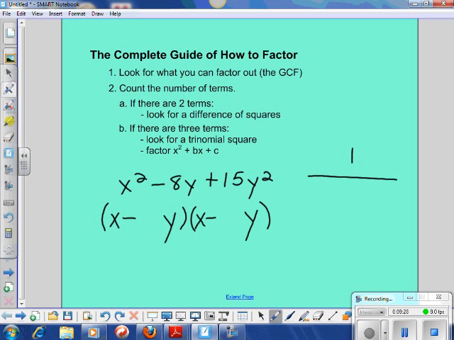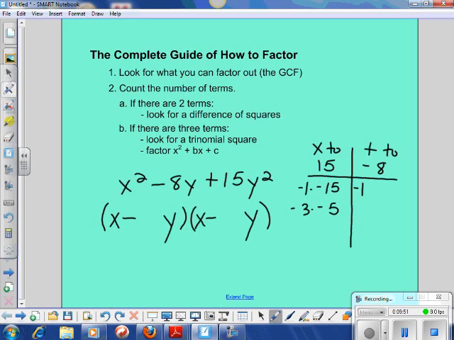So now you're going to make a chart just like we did before. We need to multiply to 15 and add to negative 8. Since we're adding to a negative number, we know they're both negative, so just look at the factors: 1 and 15, and 3 and 5.